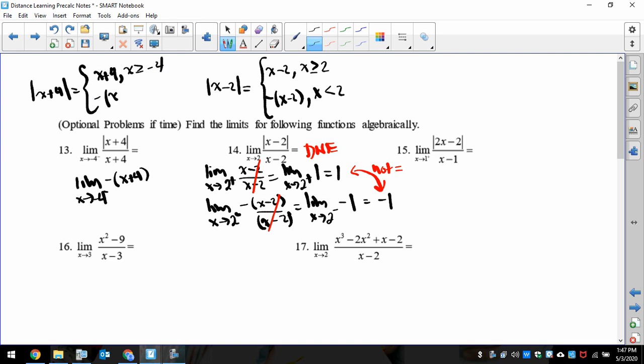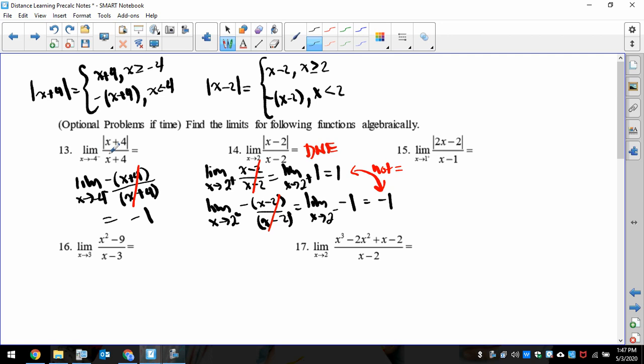And then it's negative x plus 4 if x is less than negative 4. So those are the two pieces of the piecewise function. And so you just want to choose the appropriate piece for whichever direction you're coming from. So those cancel, and we're left with negative 1 is the final answer for 13.